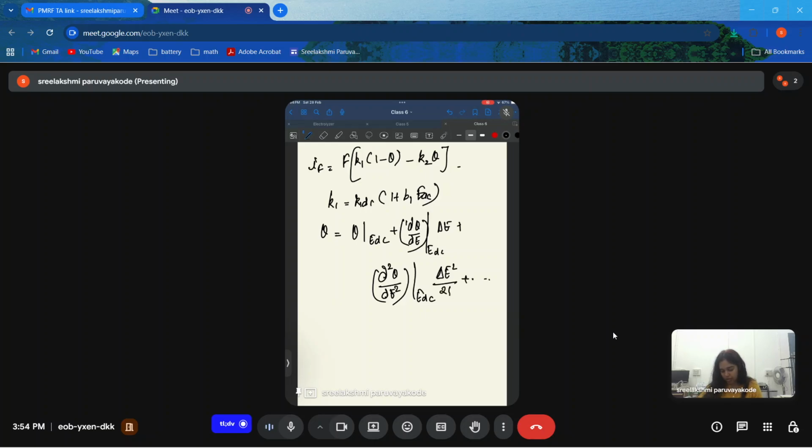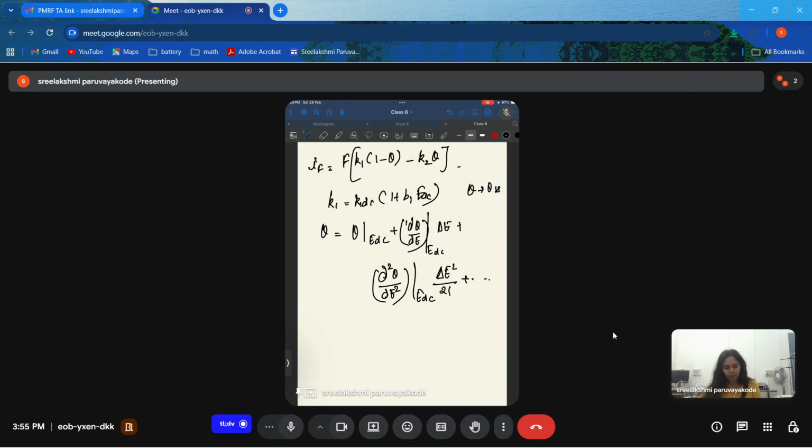What does this actually mean? If it was steady state, theta would have been theta SS. That happens when it's DC potential. When AC is also applied with it, the theta value can become theta plus or minus some value, because you are applying an AC signal. It's not a constant. It keeps on oscillating, so theta will also have its effect.